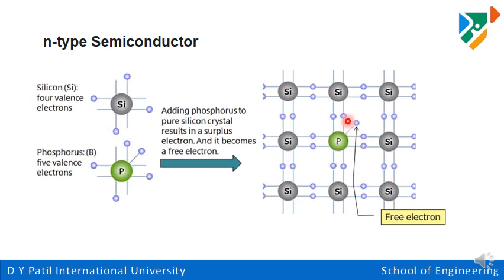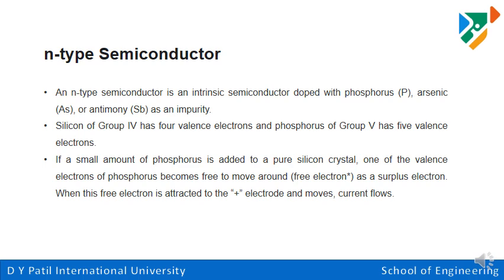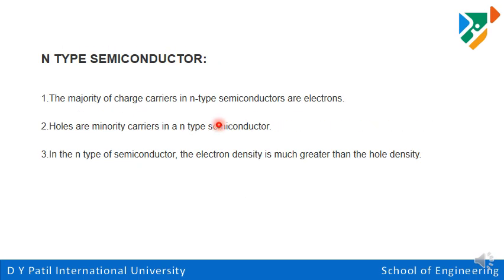When we apply an external DC voltage to the N-type material, these free electrons move towards the positive terminal of the source, and they constitute the current. So in N-type semiconductor, the majority charge carrier is the free electron, like in P-type the majority charge carriers are holes. This I already explained.